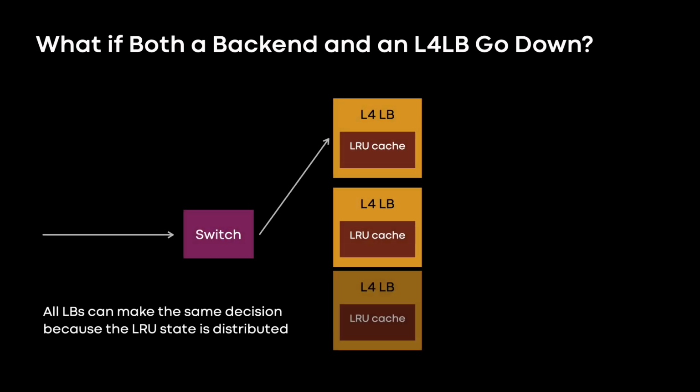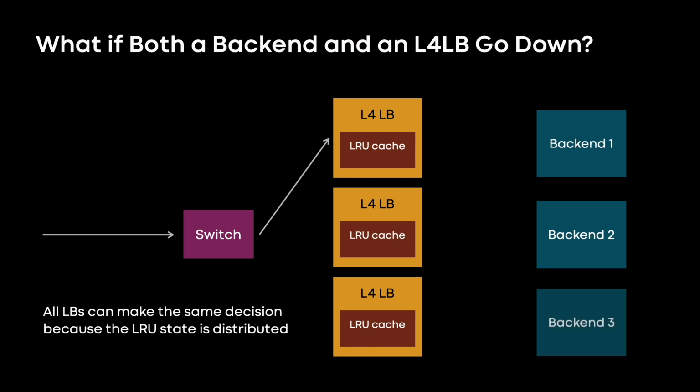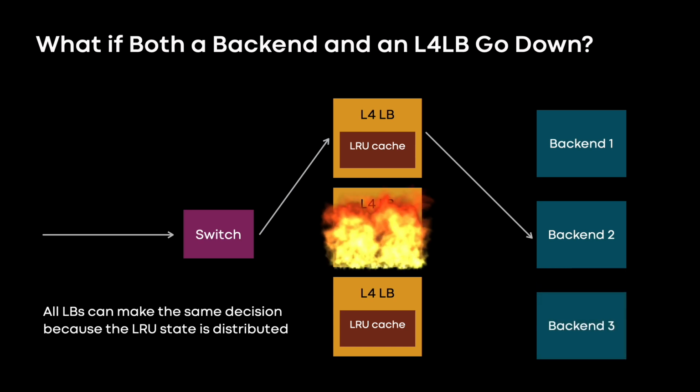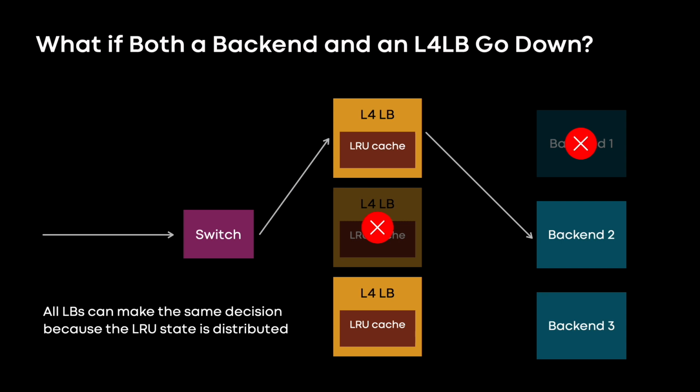Now, if there's a premium live stream connection going on in a cluster, then even if a Layer 4 load balancer and a backend go down, that's still okay, because all of the Layer 4 load balancers have the state for the premium live stream connection, so they can all make the same decision.